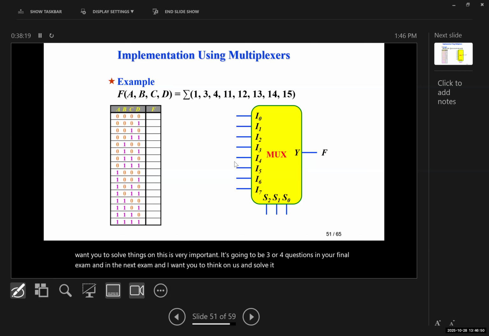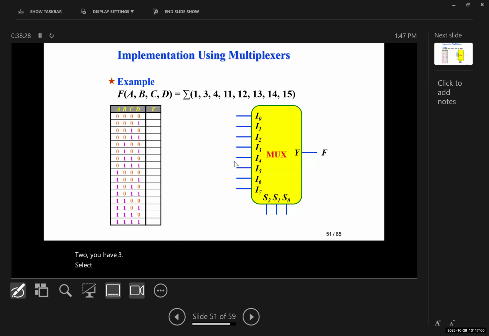Again, it's going to be the same principle of the previous one, but instead of having 2, you have 3 select points. And because you have 4 inputs, you have to simplify that to 3. And the Boolean function for this, f of a, b, c, d, is going to be the sigma of 1, 3, 4, 11, 12, 13, 14, and 15.